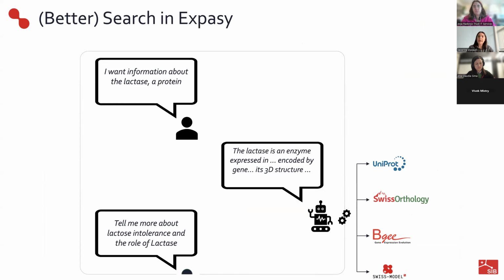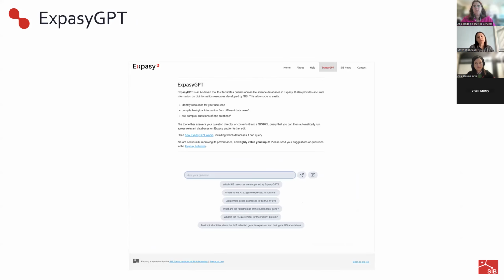So nowadays, technologies enable us to simplify this thanks to conversational agents like this one, where users can ask questions in natural language and get responses in human readable format. And this is the objective of XPC GPT, a new service that we released in April 2025 and that will soon replace the current search in XPC.